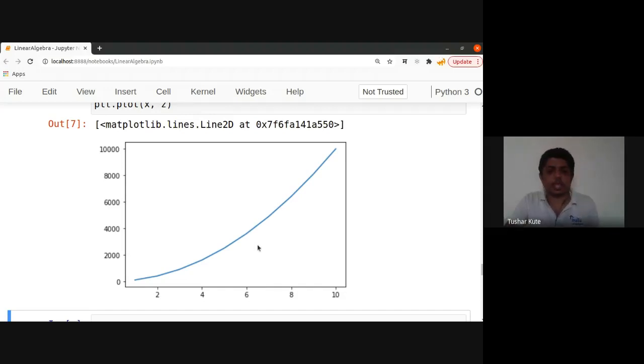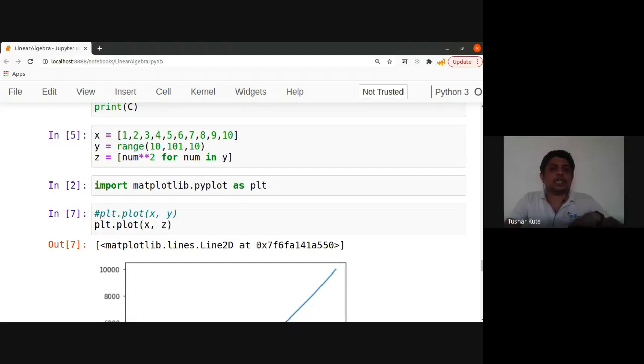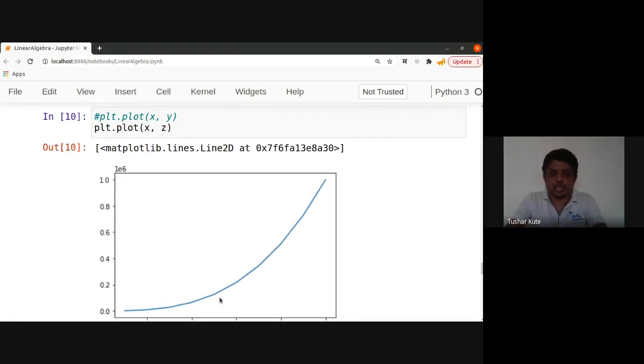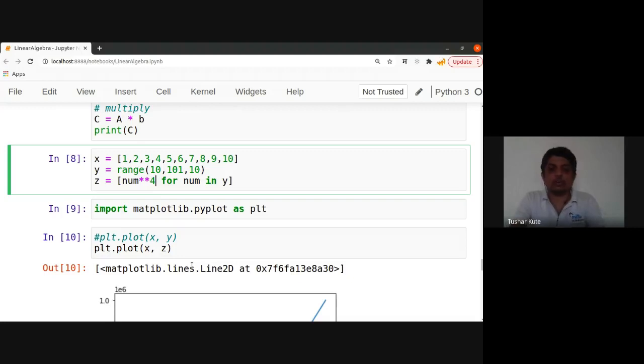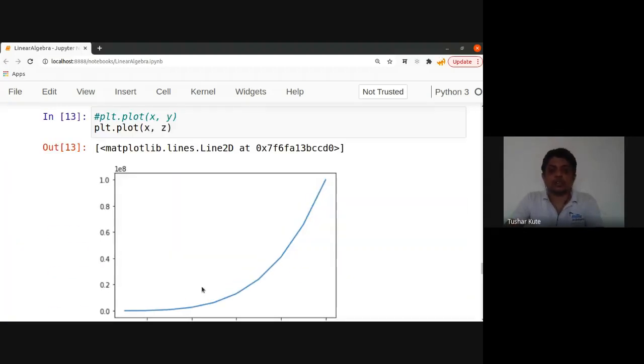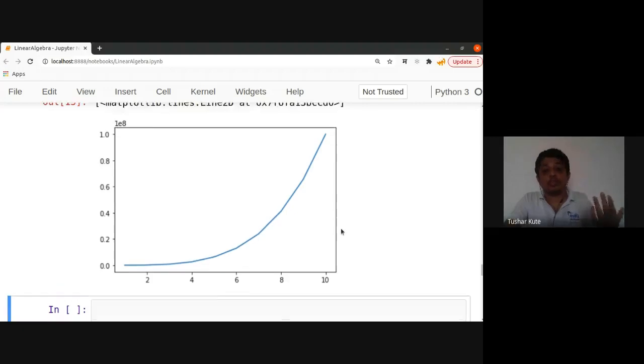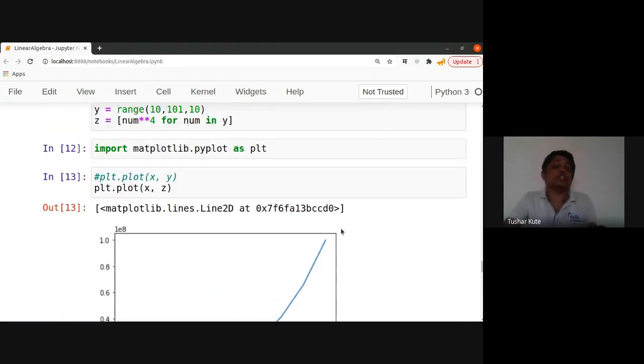This is non-linear because the number is raised to 2. Degree 2 is there. If you write degree 3, now you can see again it will become more curvy. If you go for 4, now see, the logarithmic increase is seen over here. You can observe that now. This is the polynomial degree that we have mentioned.